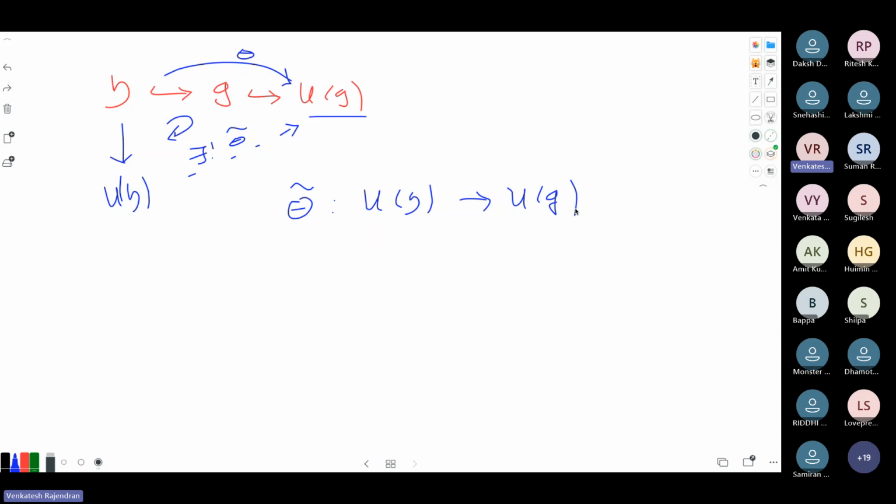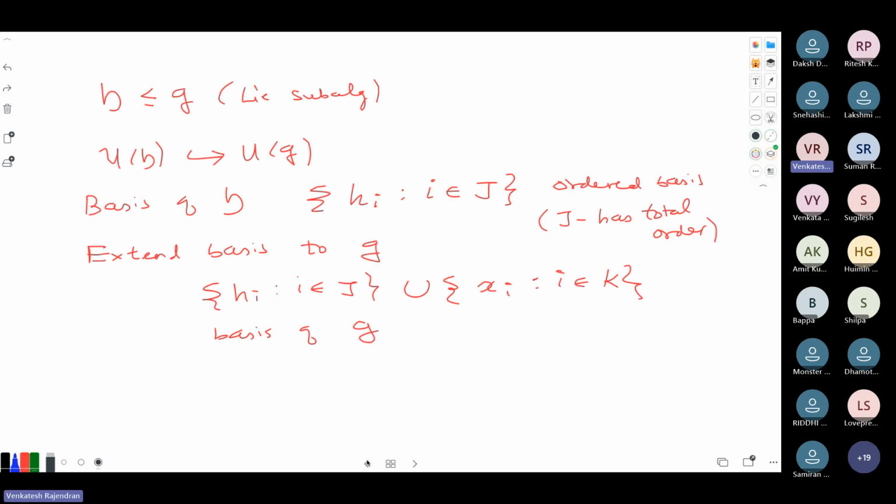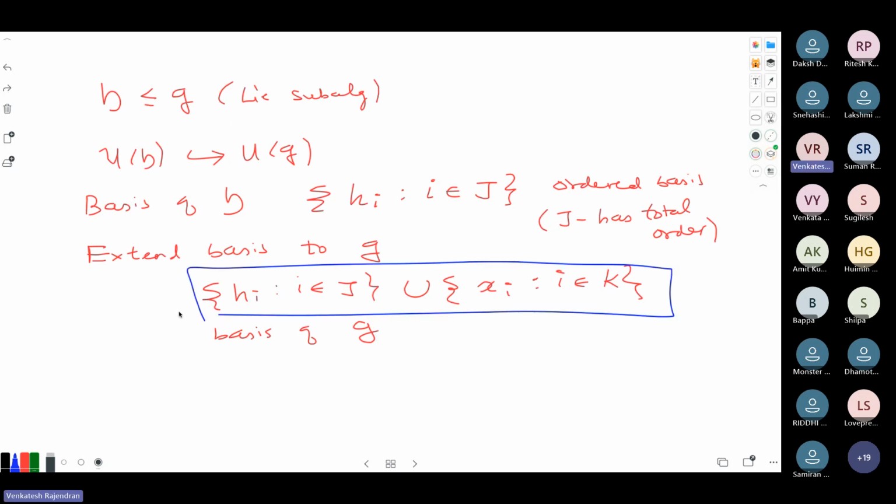So now if you use the PBW theorem, you can actually see that using this basis, you can get a PBW type basis. Okay. So you take this total order on J and then you can extend that to a total order on K. Okay. Then you can make this J union K, which you can call I, a totally ordered set.